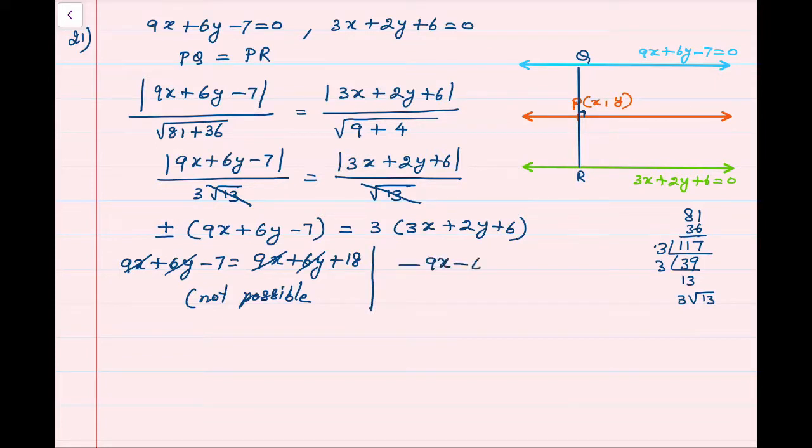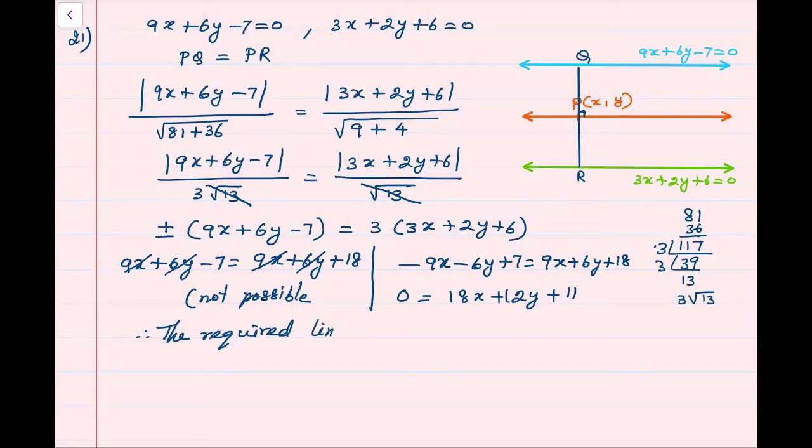Minus 9x minus 6y plus 7 equal to 9x plus 6y plus 18. We get 18x plus 12y plus 11 equal to 0. Therefore, the required line equation is 18x plus 12y plus 11 equal to 0.